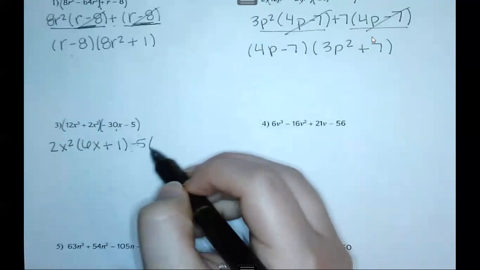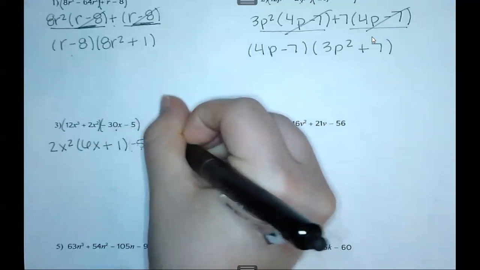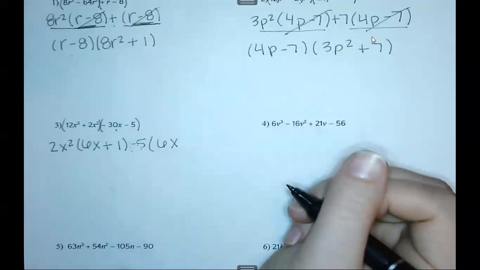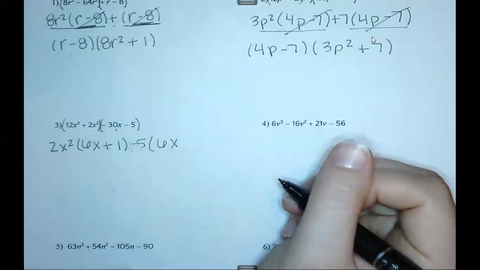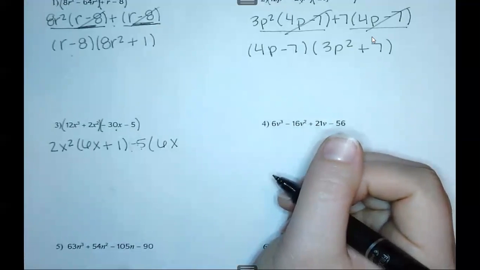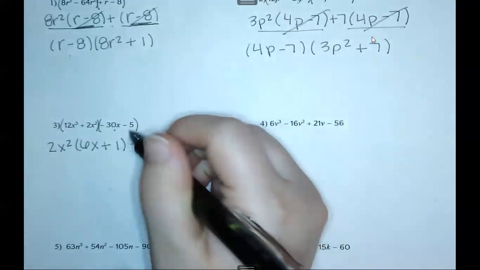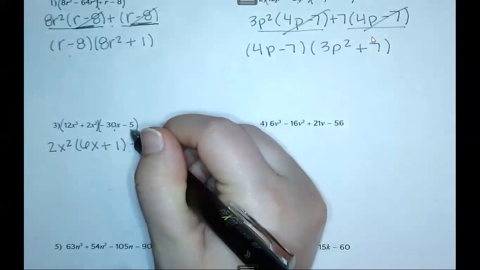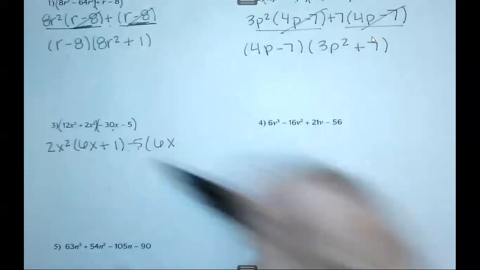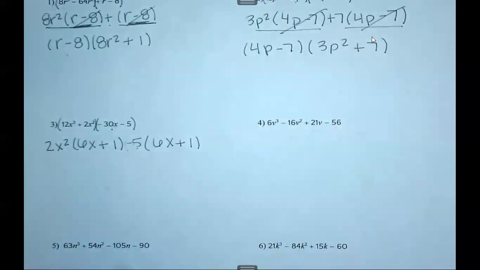Well, negative 30 divided by negative 5, a negative divided by a negative is a positive. We're going to have a positive 6x. And negative 5 divided by negative 5, remember, when I pull out a negative here, a negative divided by a negative is going to leave us with a positive 1.